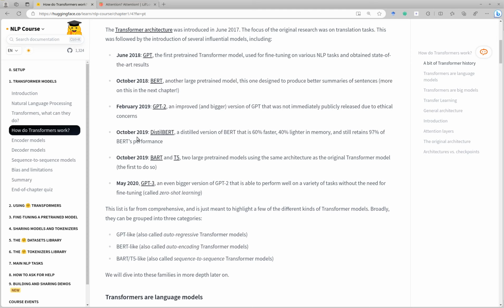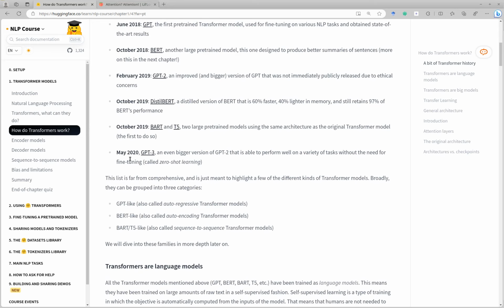And in October 2019, DistilBERT, which is the distilled or smaller version of BERT, which is 60% faster as well as 40% lighter in comparison to BERT, was released, and it still retains 97% of BERT's performance. That is the big thing. In the same month, BART and T5, two large pre-trained models, were introduced.